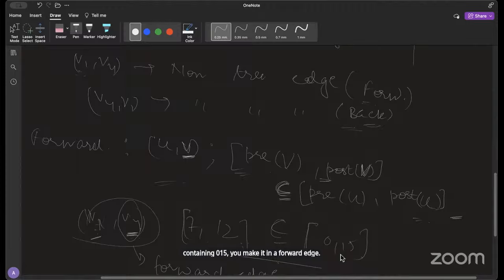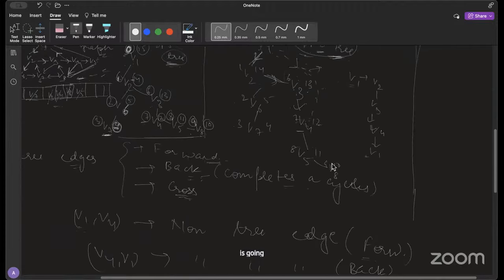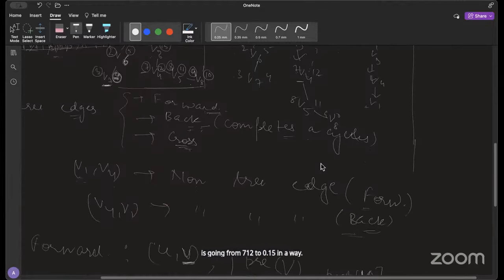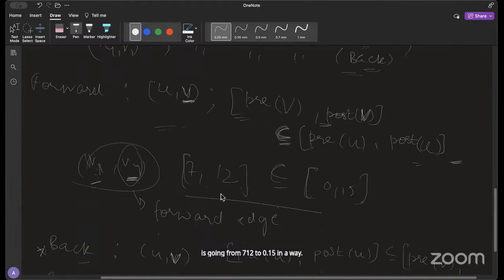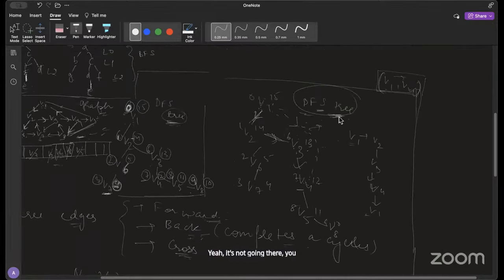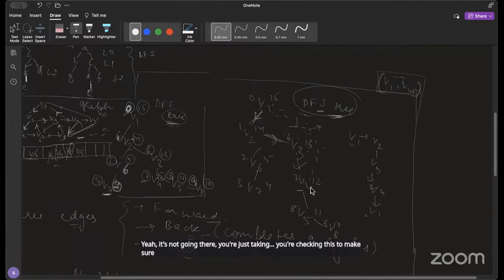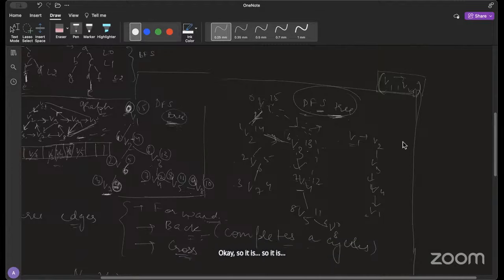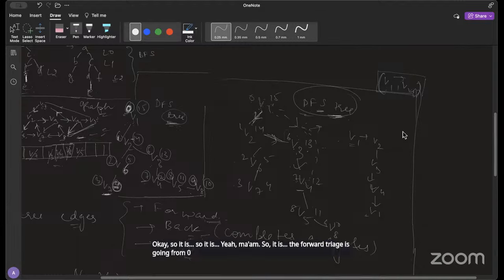So that forward edge in the tree is going from 7 12 to 0 15 in a way. It's not that it means going there. You're just checking this to make sure that this thing comes later. So how do you decide that this is the parent of this, right? So the forward tree edge is going from 0 15 to 7 12 in a way. But we don't write it in that.